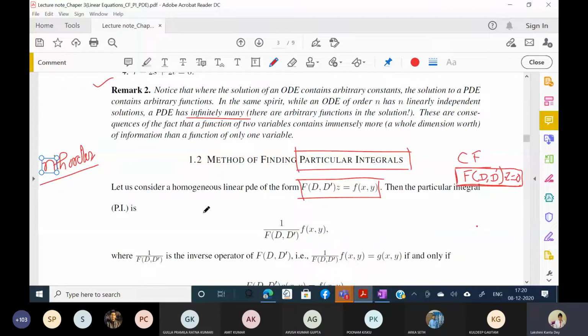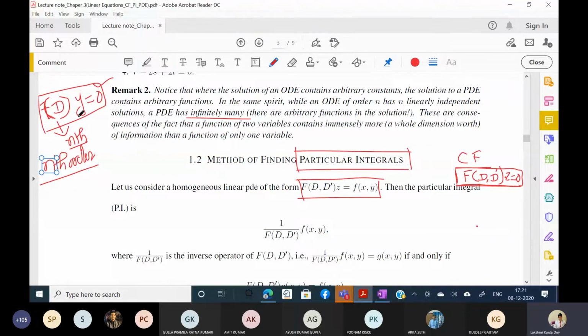But in the case of an ordinary differential equation, say f(D)y = 0, where D is d/dx, if its order is n, then it has exactly n independent solutions.